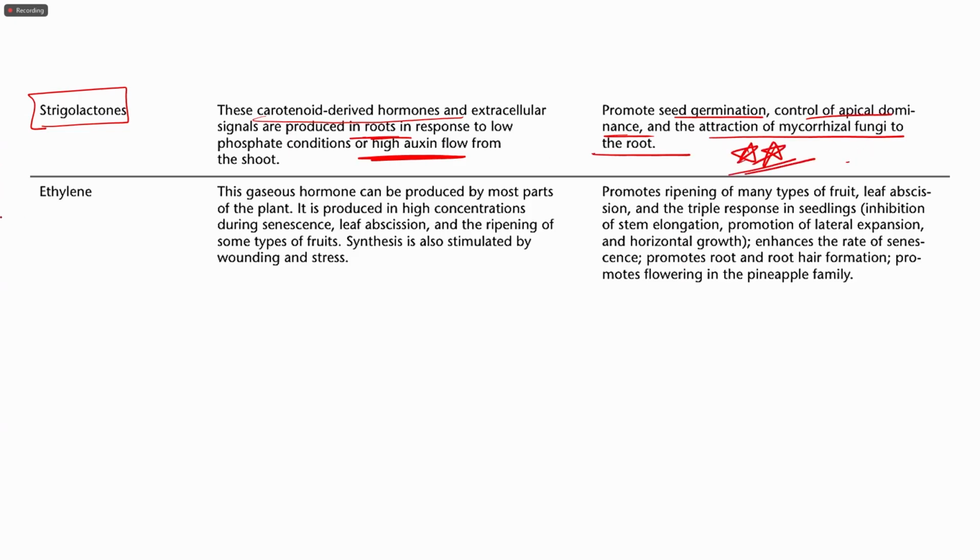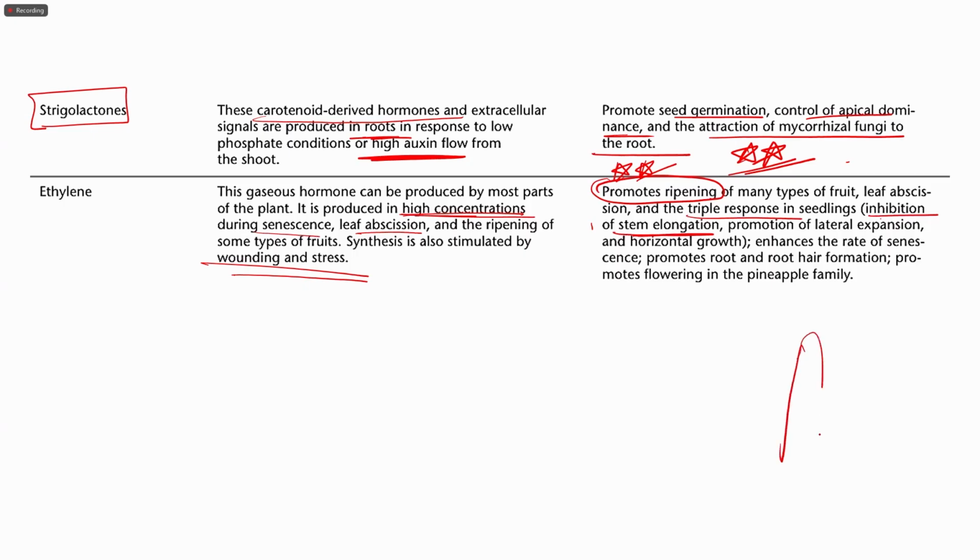And the last one is ethylene, which is a gaseous hormone produced by most of the parts, and it is produced in high concentration during senescence, during the abscission and the ripening of some types of fruits. Synthesis is also stimulated by wounding and stress. It promotes the ripening. This is a very important characteristic of the ethylene, that it promotes ripening of fruits, and the triple response, that is inhibition of stem elongation.